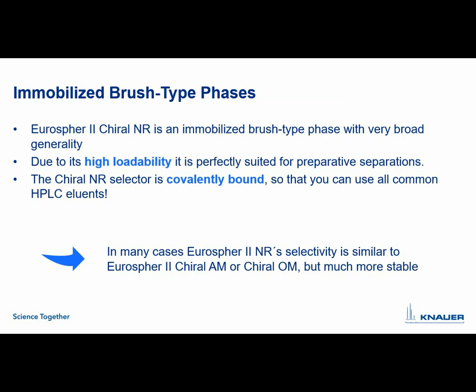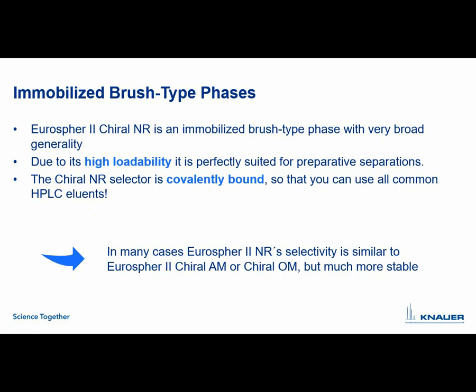But it has a very, very high loadability, and the fact that this selector is covalently bound has a lot of advantages. So this phase can be used with all common HPLC solvents. You don't have to be that careful. It can't be destroyed so fast. So it is perfectly suited for preparative applications, and also for long-term applications because it is so stable.